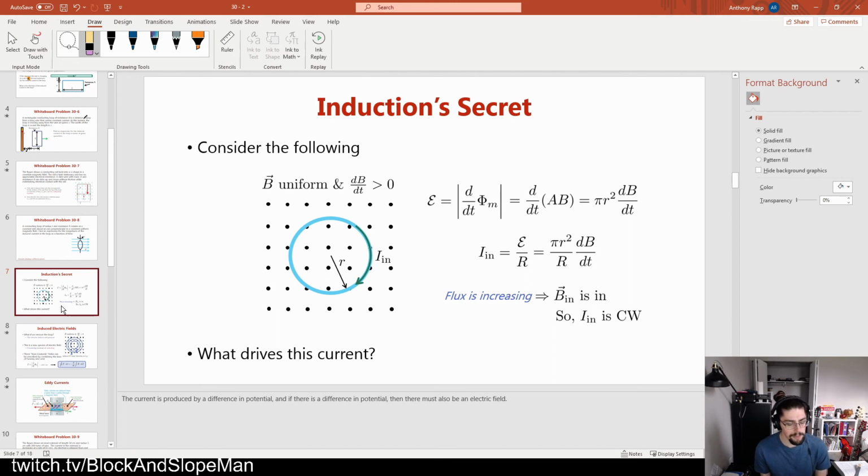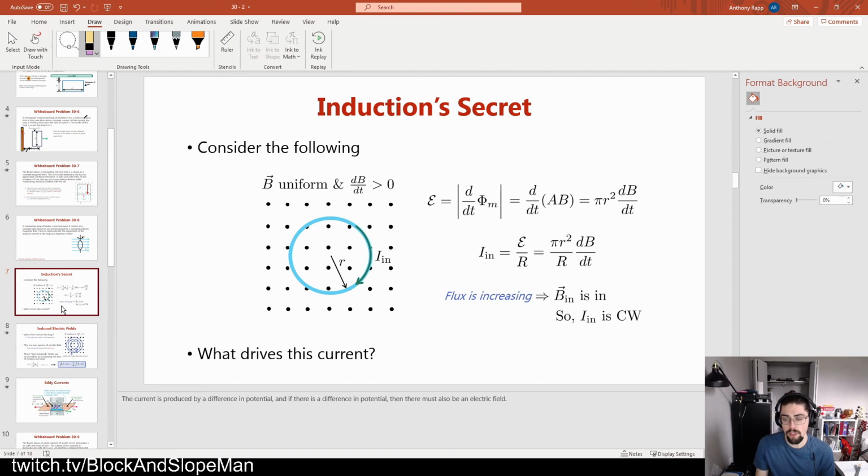What has to be there so that the electrons actually start moving somewhere? What gives them the push to go? Not necessarily a potential difference per se, but the potential difference implies an electric field. There's an electric field inside of the wire, and that's what moves the charge along.